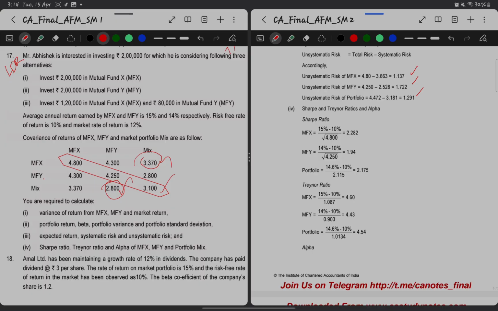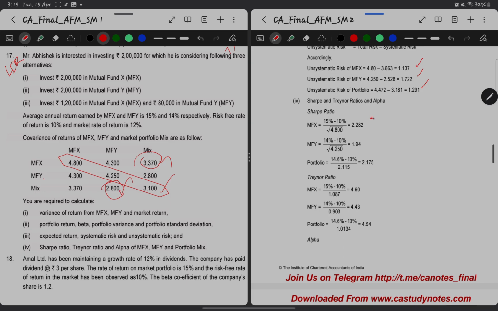Sharpe ratio is a measure which gives us how much excess return we got for the corresponding total risk of the portfolio. So the formula for that will be the return of the portfolio minus the risk-free return, which will give us how much excess we earned for every rupee of risk of the portfolio.